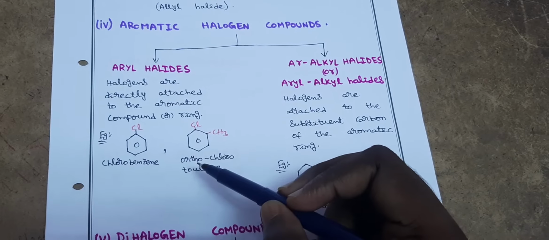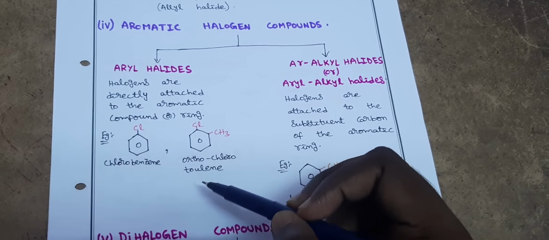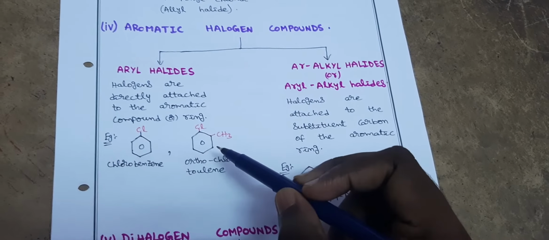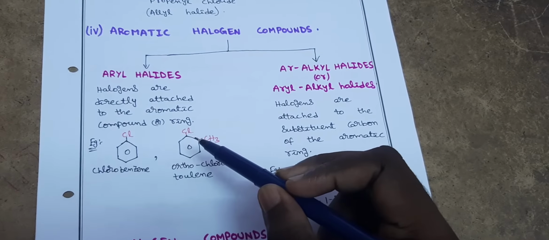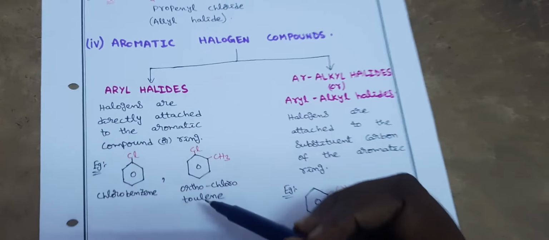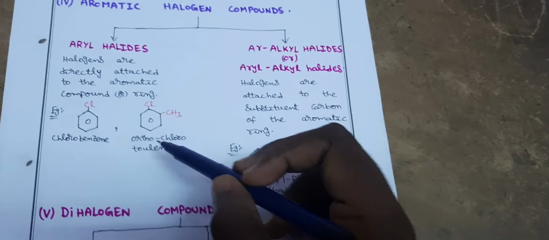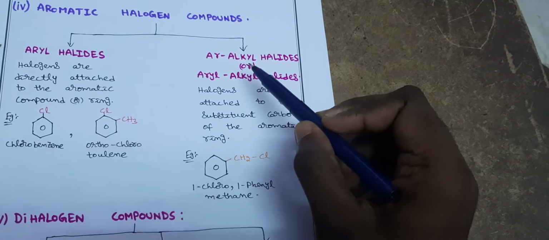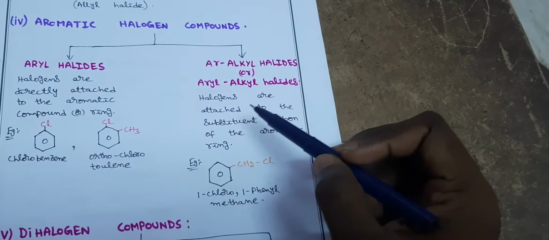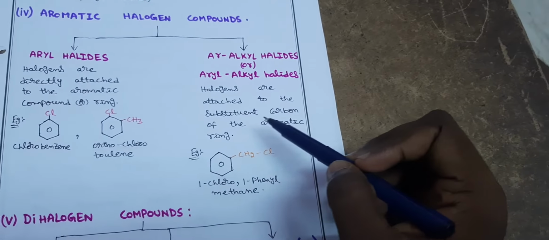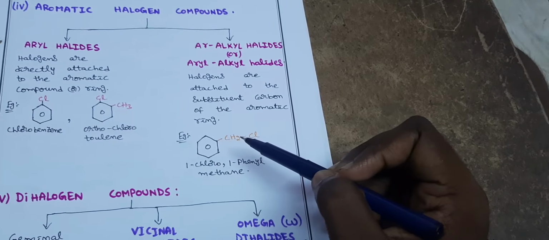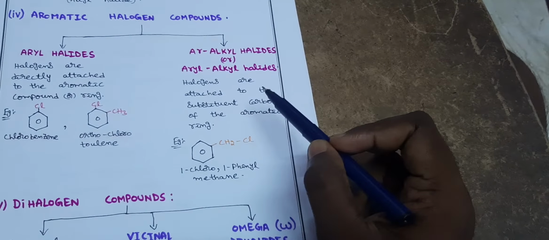You can ask me, why have you written ortho-chlorotoluene? Because toluene is more stable than chlorobenzene. So, this chlorine is attached at the ortho position of toluene. That's it. Don't get confused regarding this example. And see, next, aralkyl halides or aryl alkyl halides. Halogens are attached to the substituent carbon chain of the aromatic ring, or substituent carbon, is known as aralkyl halides.